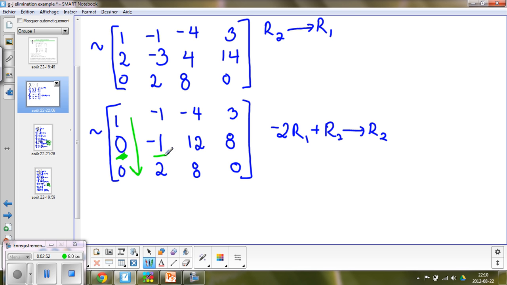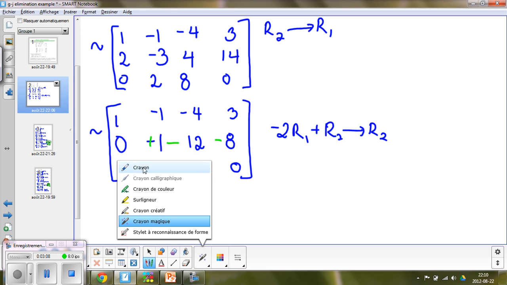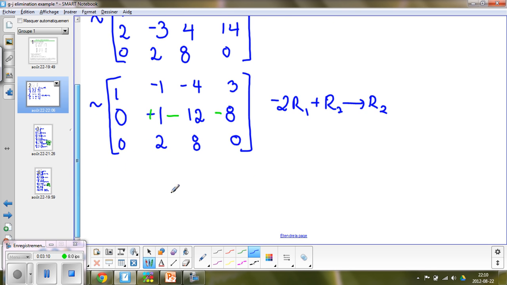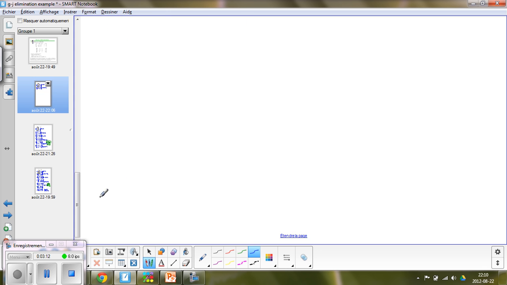So now I want a 1 here. The leading number should be a 1. Easy enough, because I just have to do this row times -1, right? -1 times -1 is going to be 1. So I just have to change the signs, basically. Okay, so let me do this properly, and make lots of space, because that's going to take a bit longer.